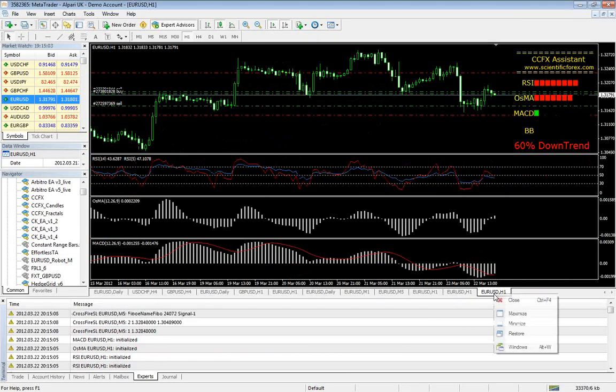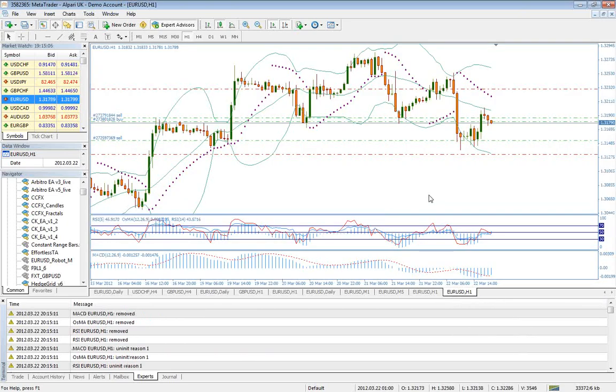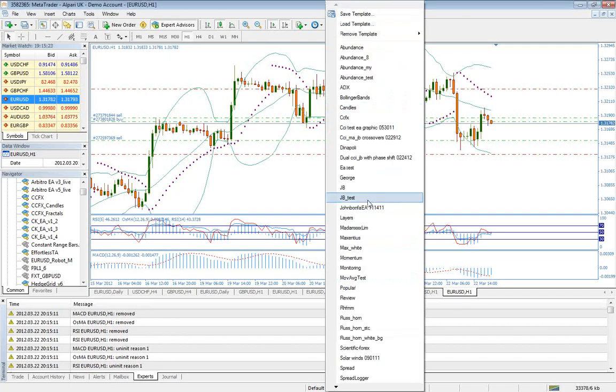It will not touch any other EAs from different charts. Bob, if you're asking what is the name of the template, it is Scientific Forex, Scientific/Forex.